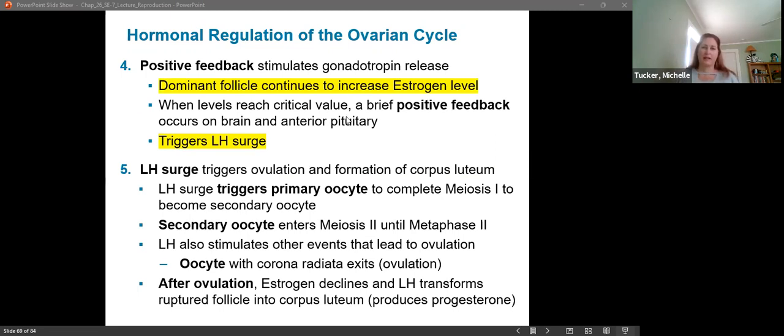The dominant follicle is going to continue to mature. So we get more granulosa cells with more estrogen production. The dominant follicle will create a higher estrogen, which then has positive feedback on the hypothalamus and anterior pituitary, triggering an LH surge.